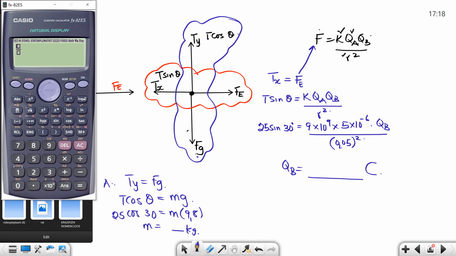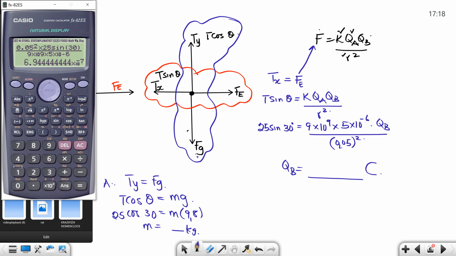All right, so this is what I would do. I would say 0.05 squared times 25 sine 30. Now, everything divided by, please, when it comes to electrostatics, use this division line. 9 times 10 to the power 9 times 5 times 10 to the power negative 6. What's our answer? All right, Tilia, what did you get? This is what I'm getting.